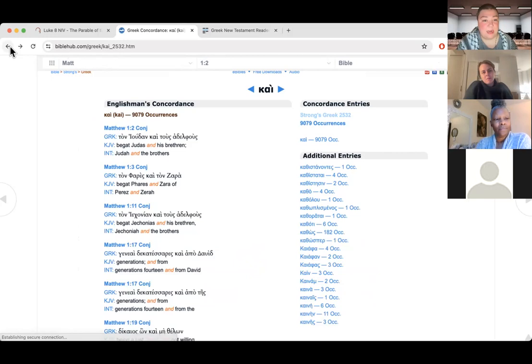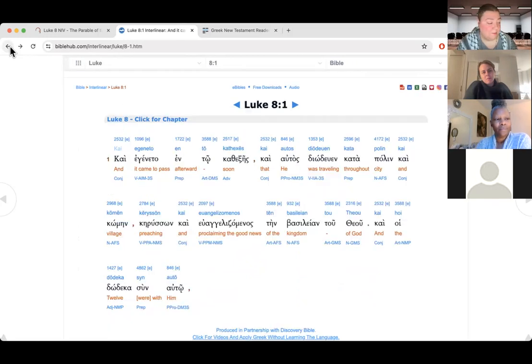Now, let's go back to our interlinear view. Luke 8:1 begins with kai, egeneto, en to, kathexes. Now we can see the translation choices that the translators of the NIV have made regarding the word kai. As we know, even in English, a word can have several meanings and several uses.